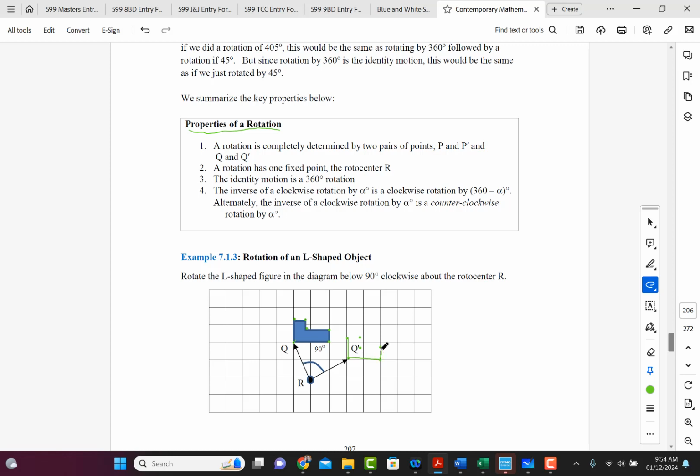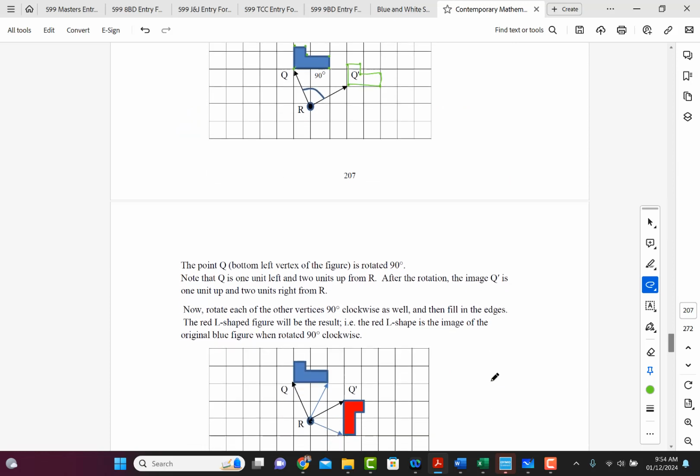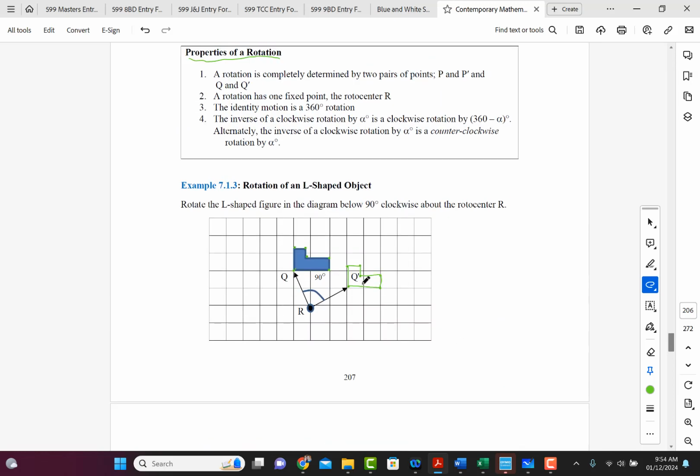Again, my drawing isn't perfect. Obviously the illustration will be better, but let me scroll down and show you. So there we go. Oh, I screwed up. I was thinking of a rigid motion, a translation.